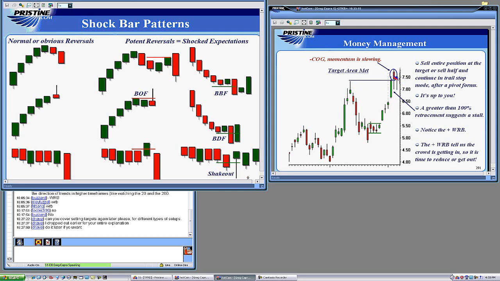You can just obviously hit the bid, and if it's got momentum, you should be able to offer out into that demand. And so it's hit your target, wide range bar. Momentum increases after multiple bars higher, odds are it's going to consolidate. So it says time to reduce or get out. The wide range bar tells you that the majorities are now getting in.